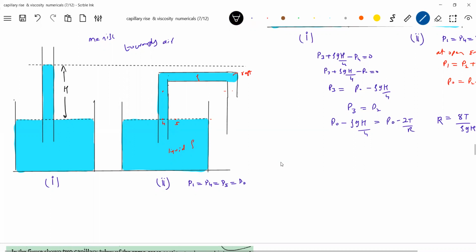Okay, somehow I'm adjusting it. Now where is it? It has come to h by 4 below this one. Let's have a reference here. Let me fill up with the liquid. I'll show the meniscus will be like this.